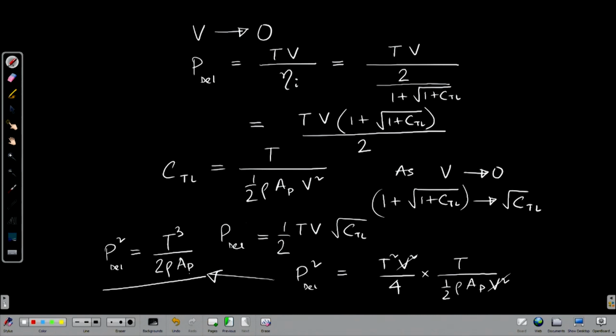AP is the area of the momentum disk here. So, we can use this equation simply to relate the power to the thrust. The delivered power to the thrust can be related using this equation, where we have the forward velocity approaching 0 using the axial momentum theory. Okay. So, in this condition, if the thrust is given, we can calculate the power and vice versa.